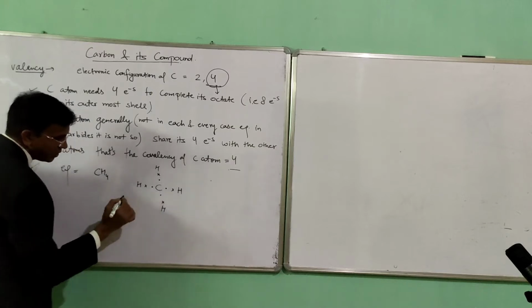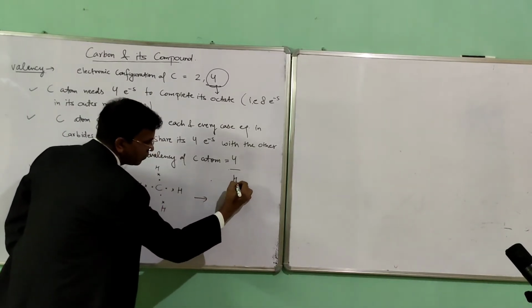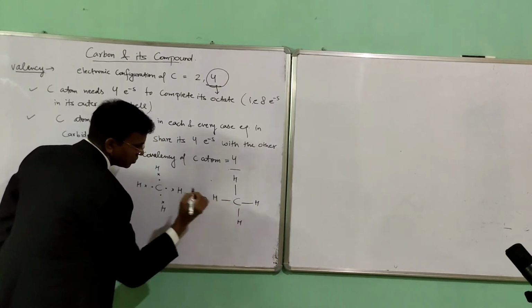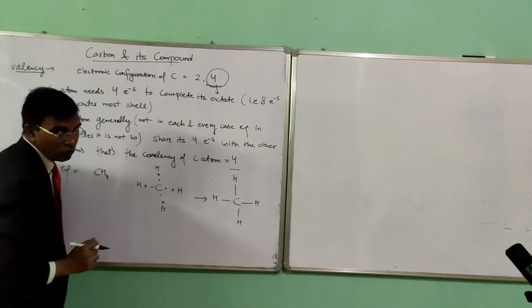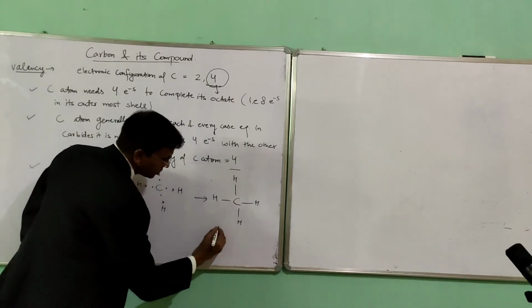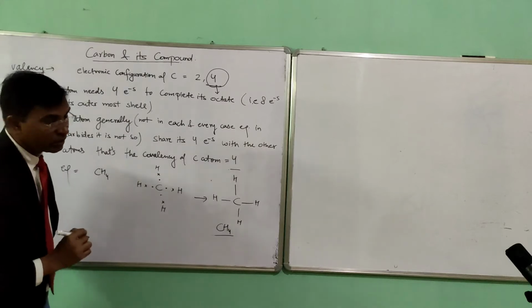So it is going to share. When it is going to share, the covalent bond is formed by the mutual sharing of the electrons. So it forms the 4 covalent bonds with the different 4 hydrogen atoms. So here it is CH4. So it forms the CH4 molecule.